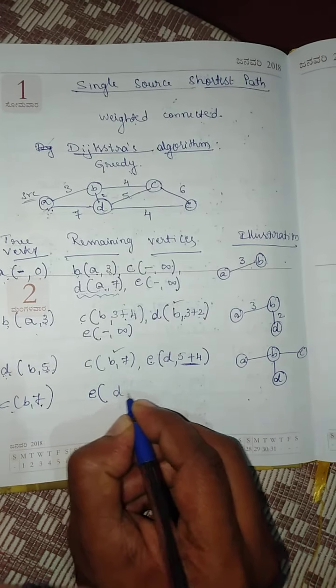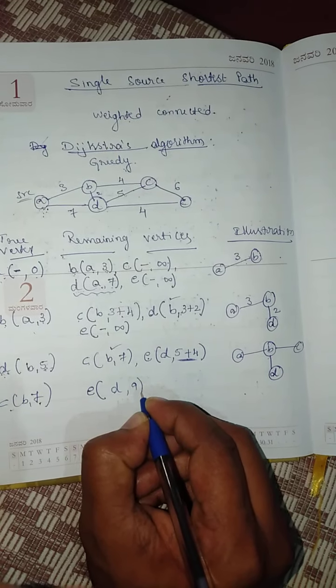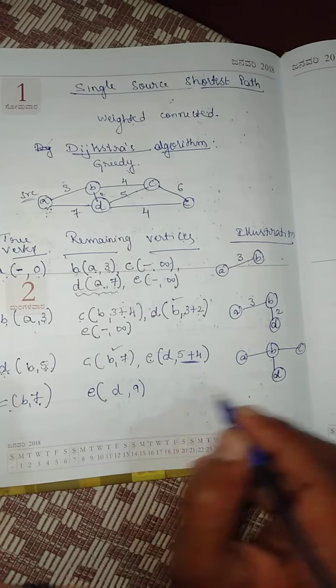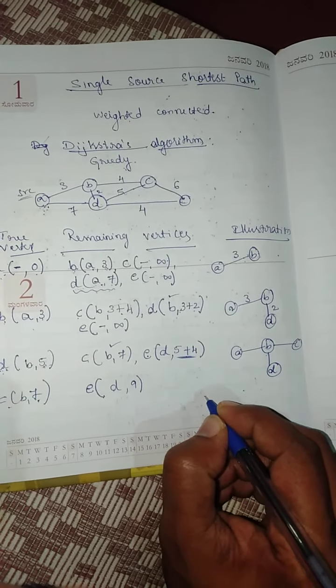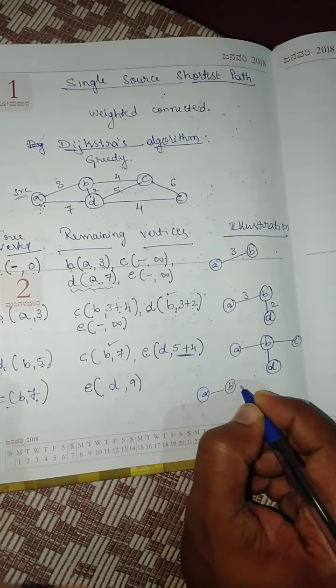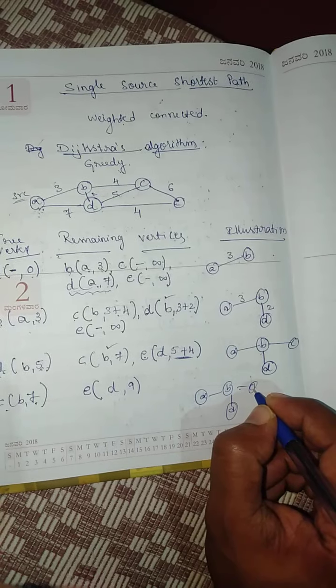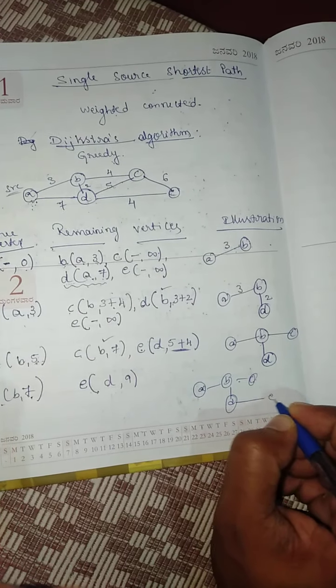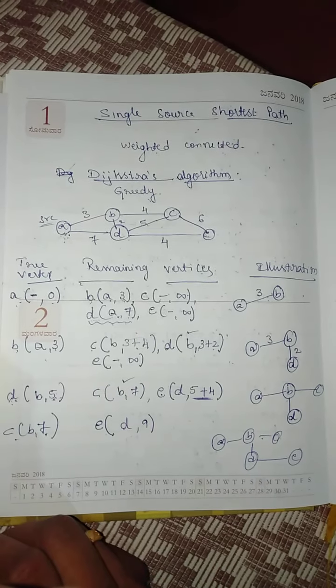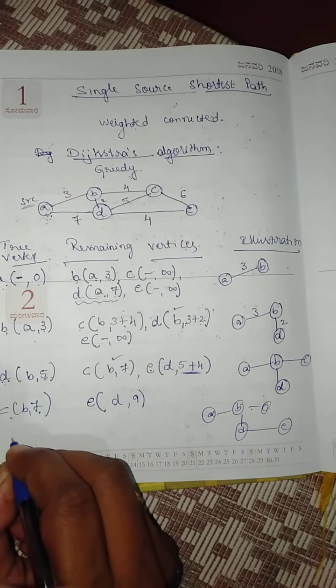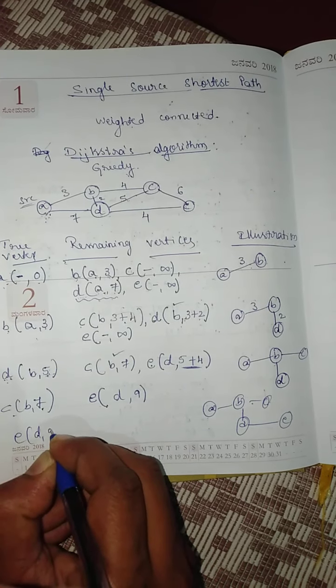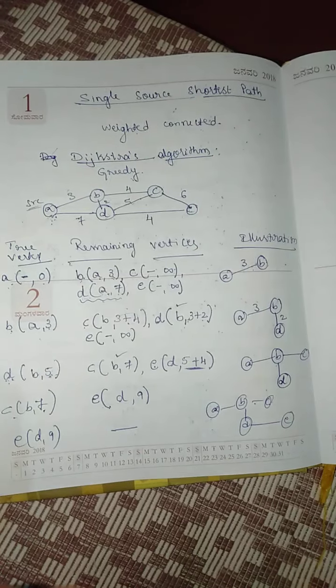Therefore, retain as it is. Done. And include that. So A, B, C, D, and now D, E. Okay, so the D, E. All right. E, D, comma 9.